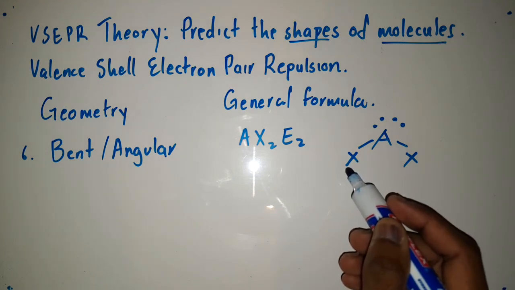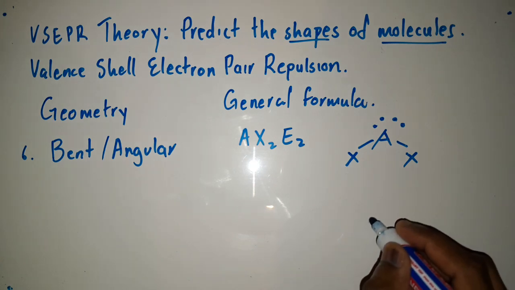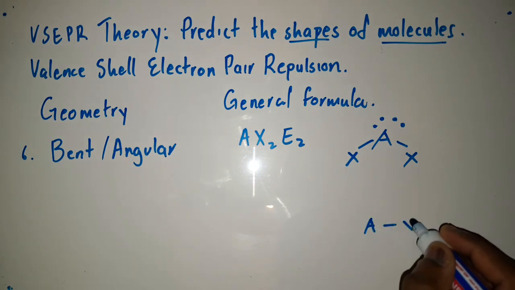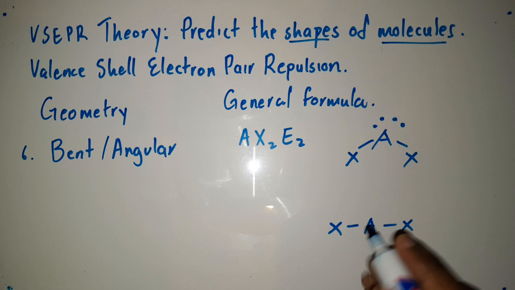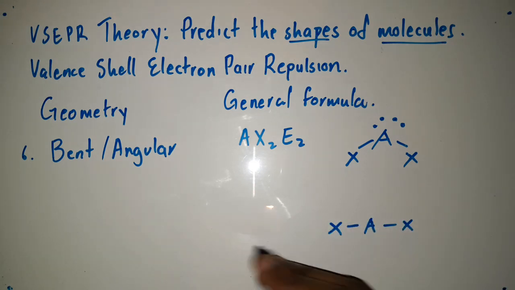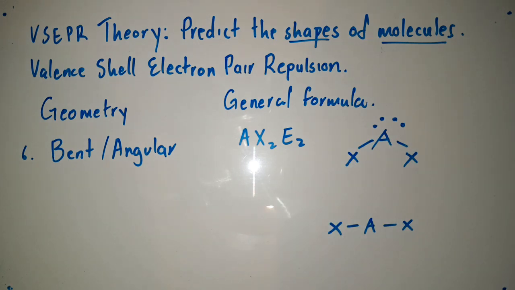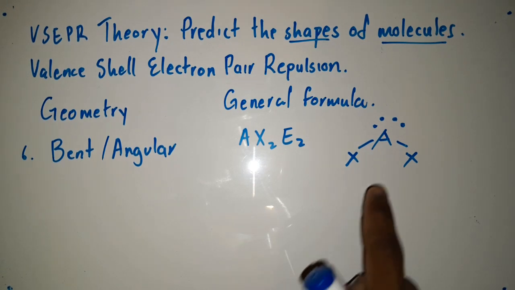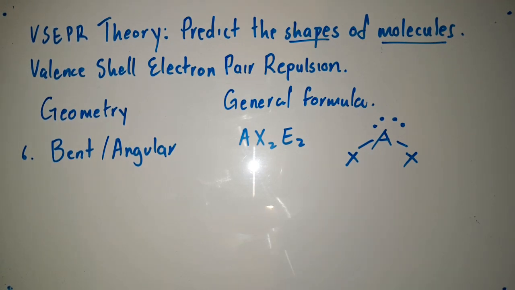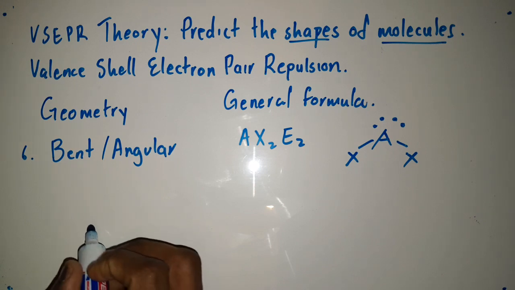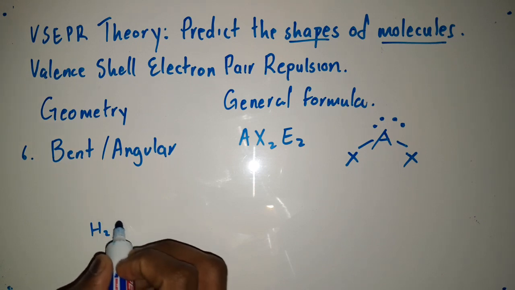Do you still remember for a linear we had a straight terminal like this, but look, this one is more bent. As for angular, it's going to look like this. An example that we have is H2O.